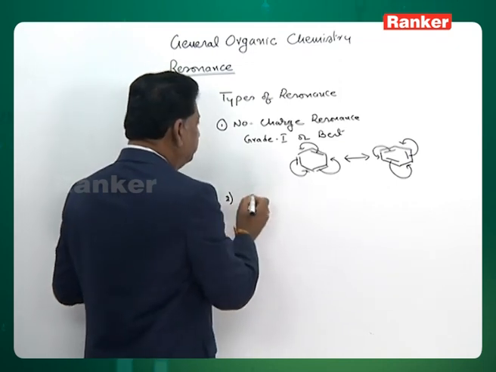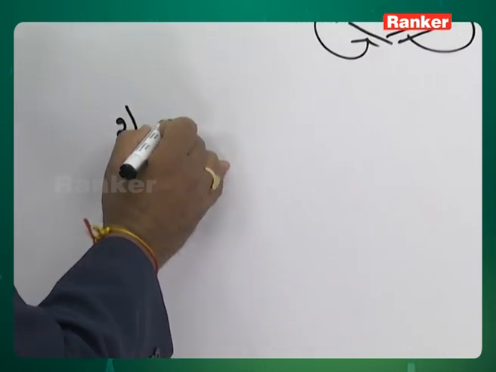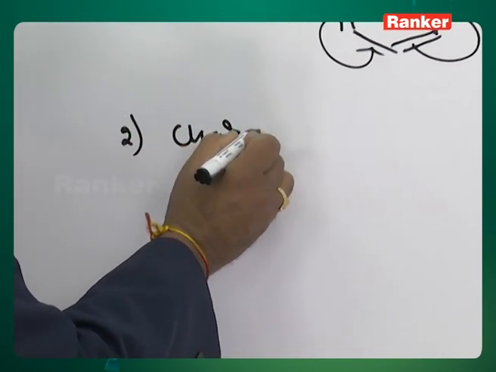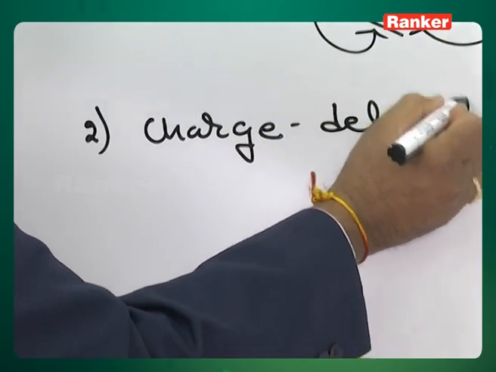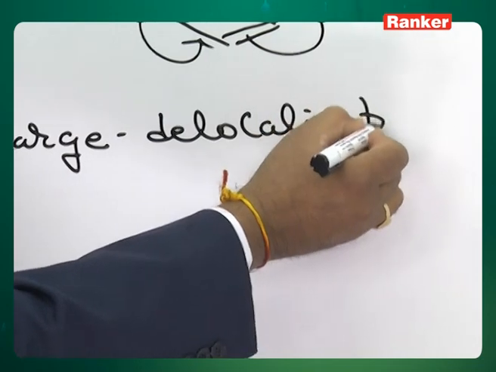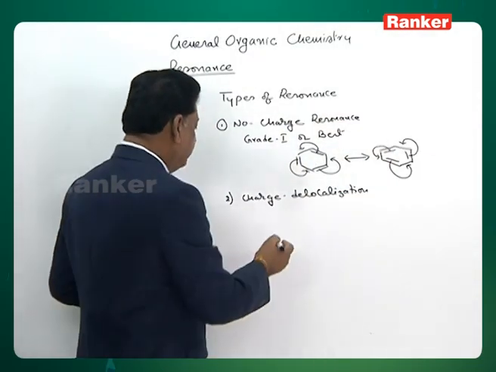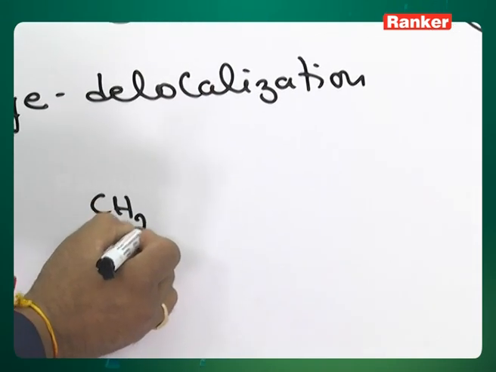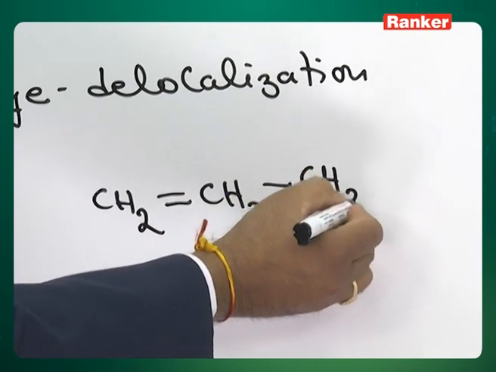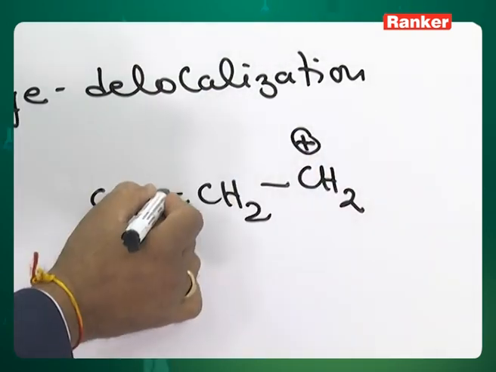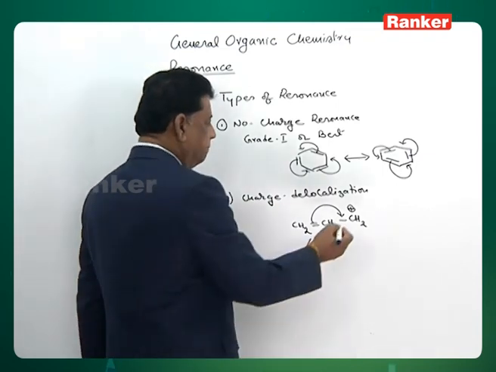Second one will be where charge is there but it is rotating, we can call it charge delocalization. Already charge is there, we are not going to create it. For example, a vinyl attached with a carbocation. Charge is a problem, but the charge is going to be shifted to the other side.